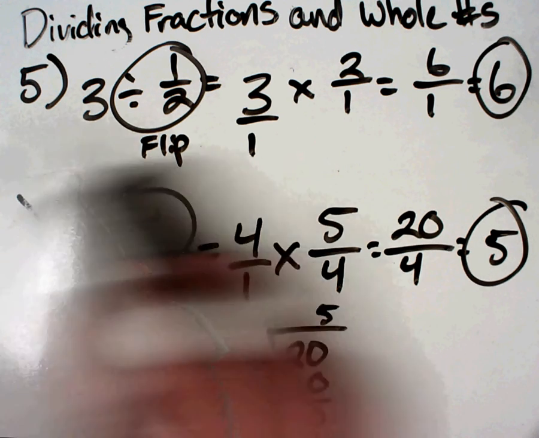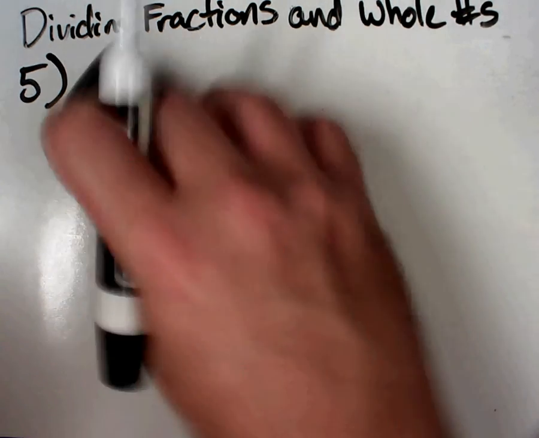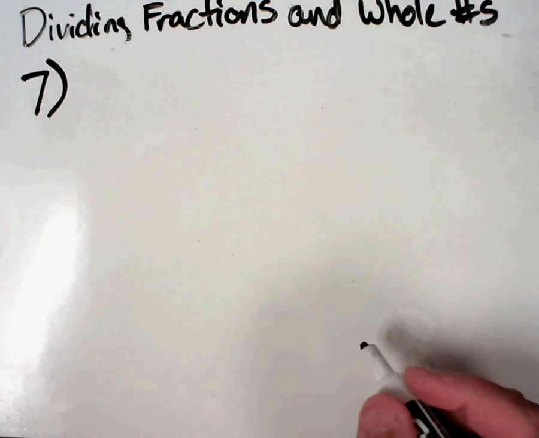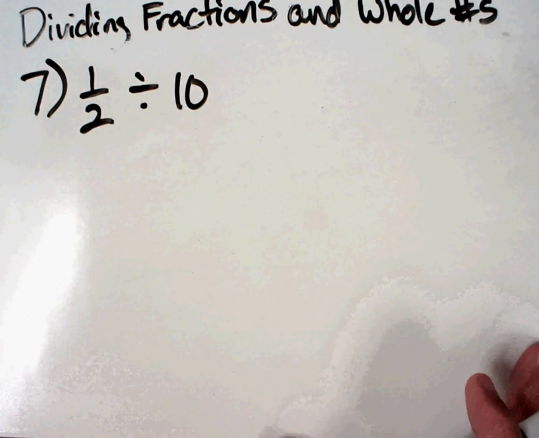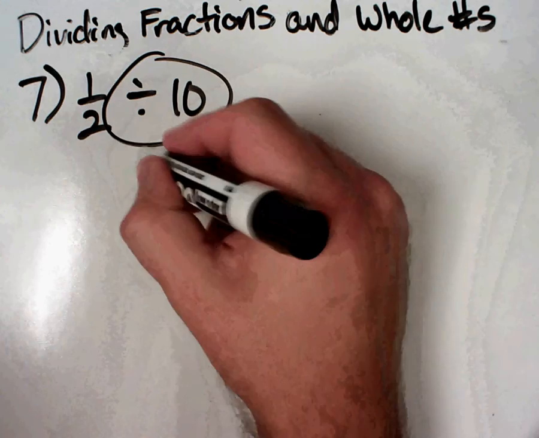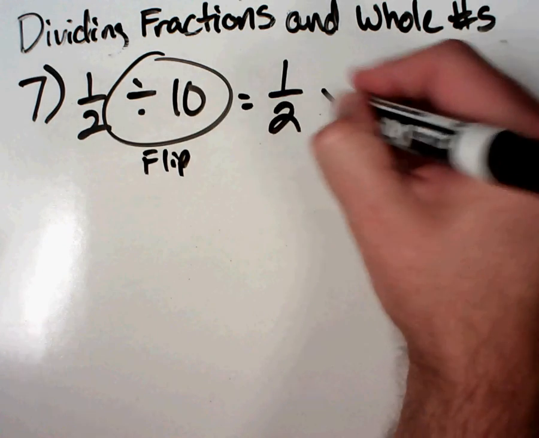All right, number 7. Number 7 is 1/2 divided by 10. Going to flip and then multiply. So my problem becomes 1/2 times 1/10.